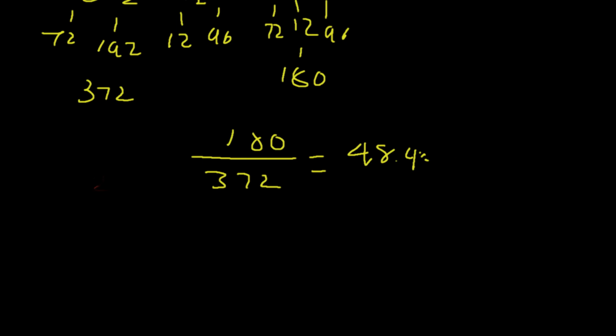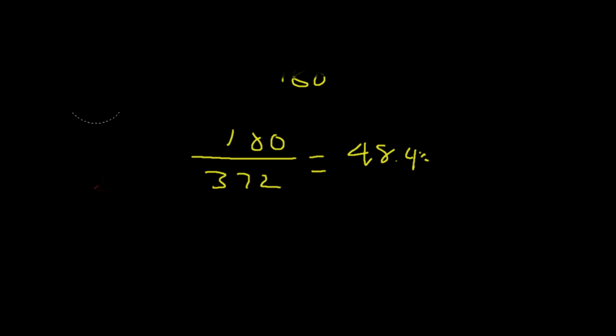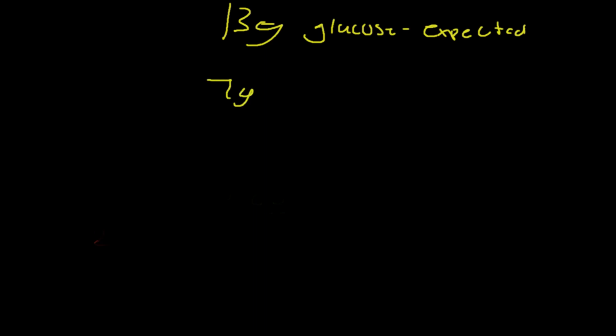But if we're talking about something with yield, well, yield is simply just what was expected and what was actually produced. So let's say we wanted 13 grams of glucose. That was what we wanted, so that's expected. And then let's say we had 7 grams. So let's just say we kind of got screwed, so our reaction only gave us 7 grams of glucose.